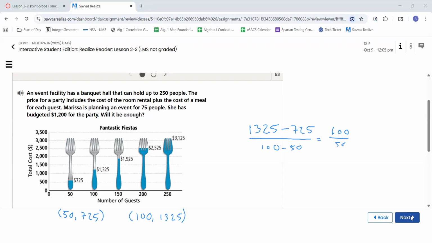That's definitely 50, but 1325 minus 725 is 600. And then divide that by 50, you get 12. So what that means is it's $12 per person.